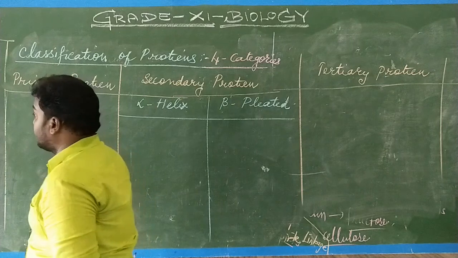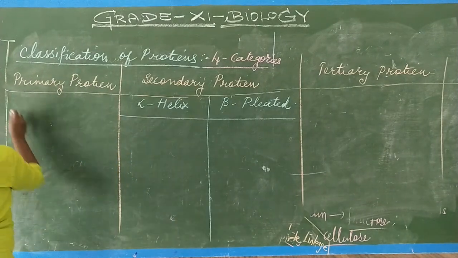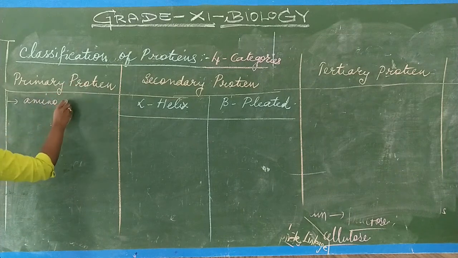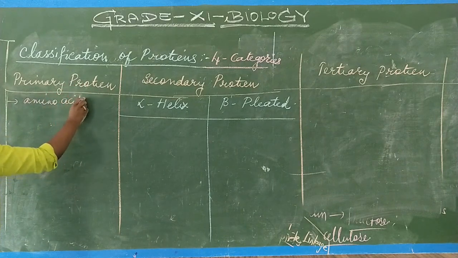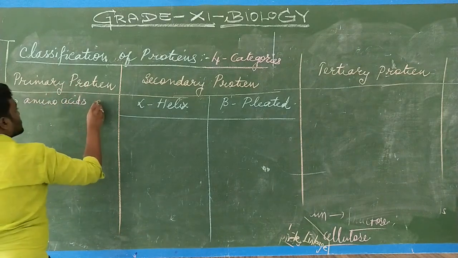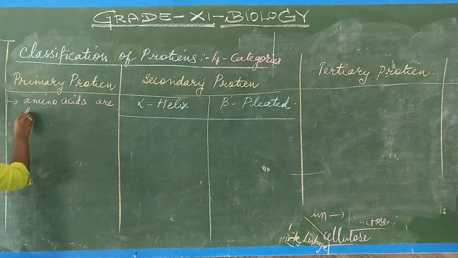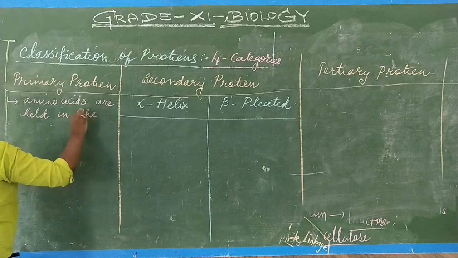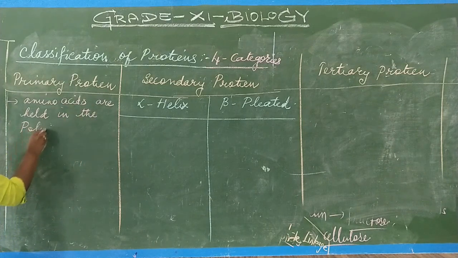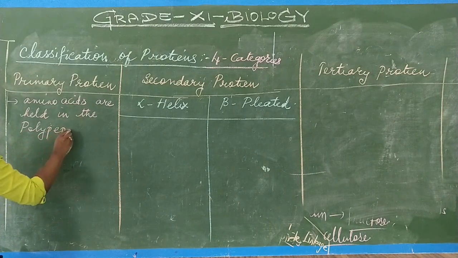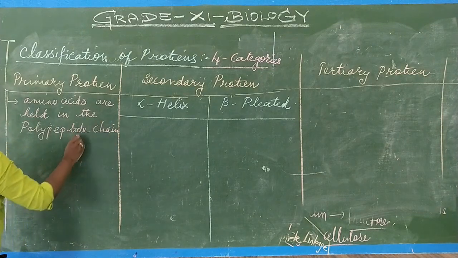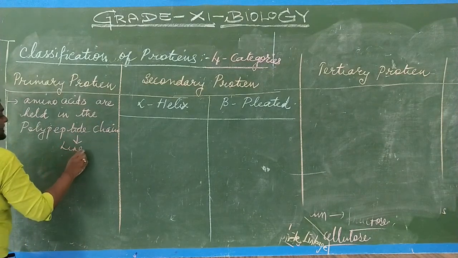In the primary protein, there are many amino acids. These amino acids are held in the polypeptide chain, which gives a linear arrangement.